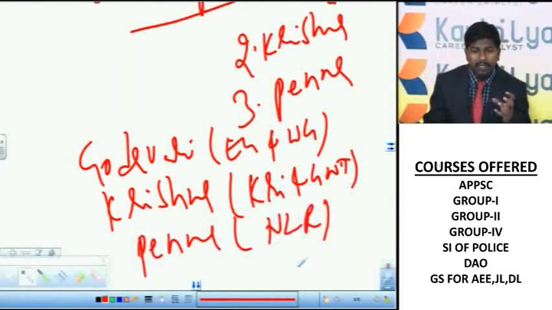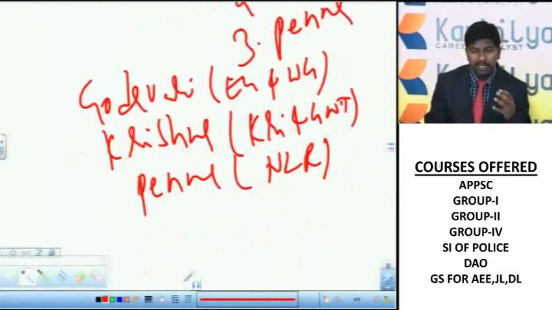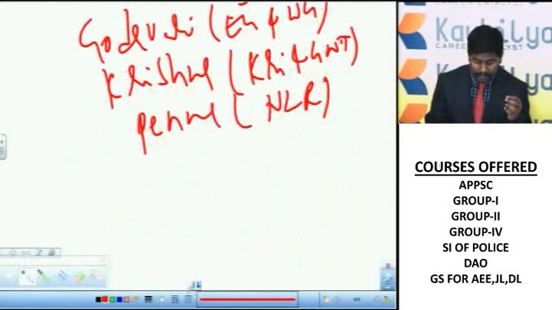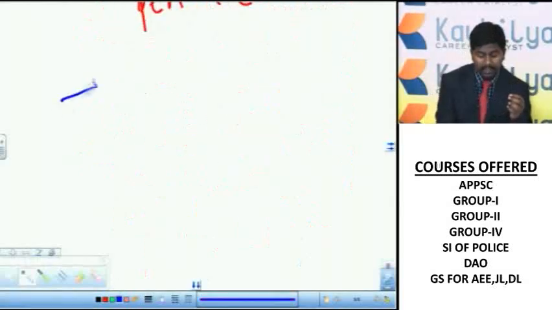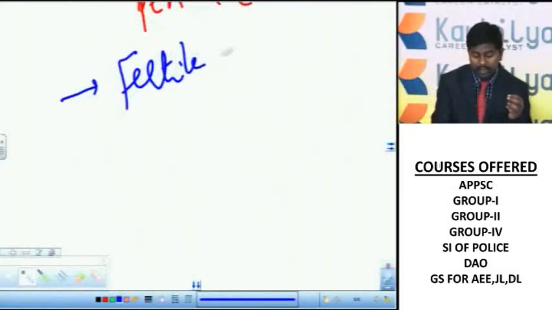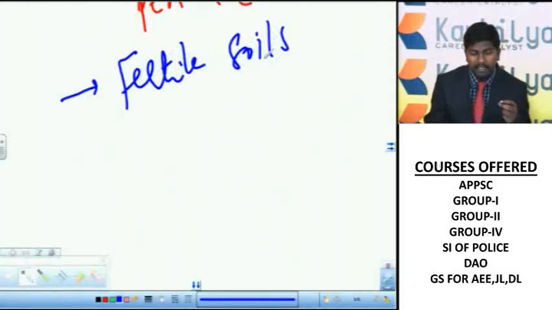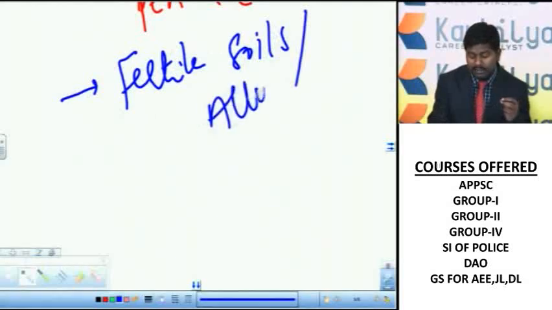So these are the important deltas which are part of the coastal plains. Another importance of the coastal plains is that they have the most fertile soils in entire Andhra Pradesh, also called alluvial soils because of the alluvial deposition.